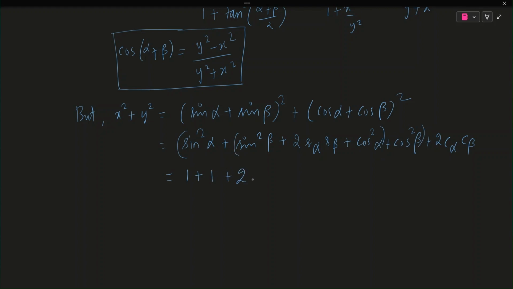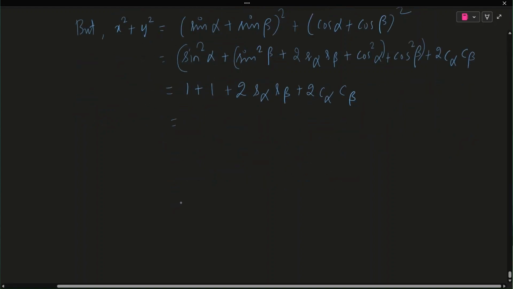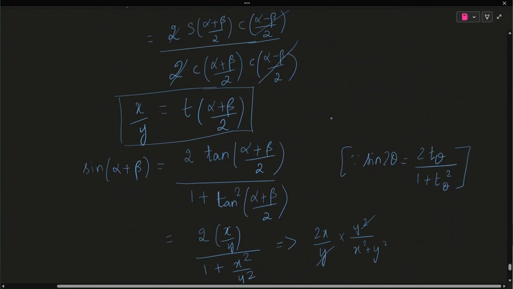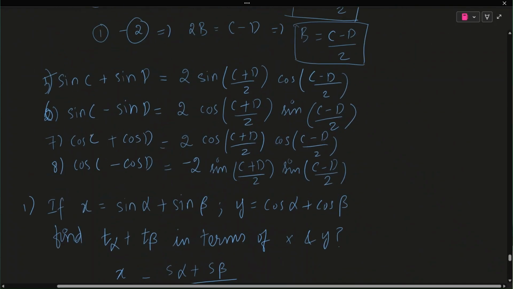1 plus 1 plus 2 sin alpha sin beta plus 2 cos alpha cos beta. So I would get 2 plus 2 times sin alpha sin beta plus cos alpha cos beta.